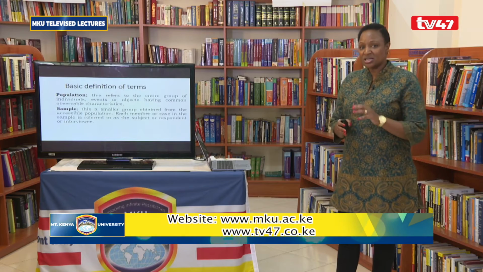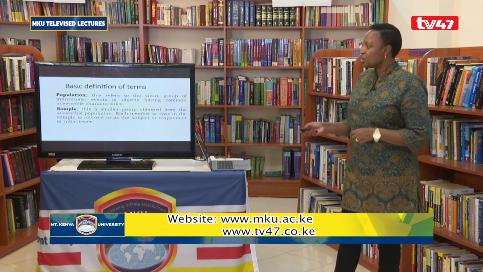If we want to segment the teachers and say science teachers, teachers who teach science subjects and mathematics, then anyone who teaches English, Kiswahili, history, geography are not part of our population. So this is what I want us to understand when we talk about population as far as research is concerned.